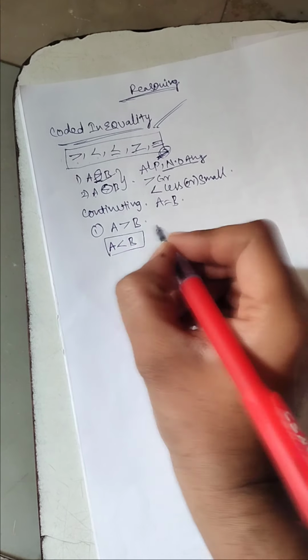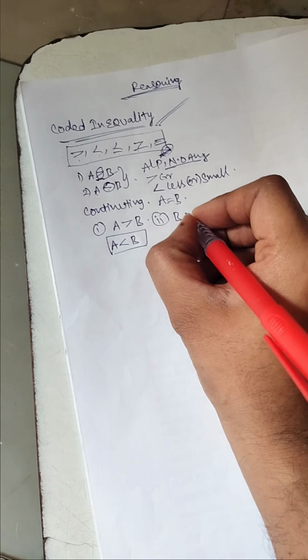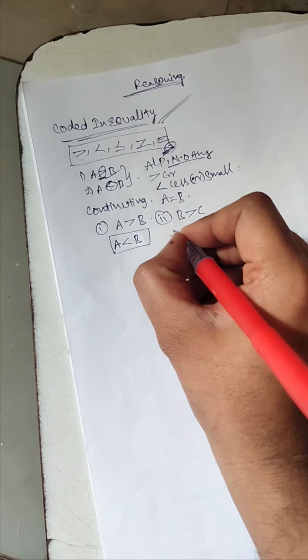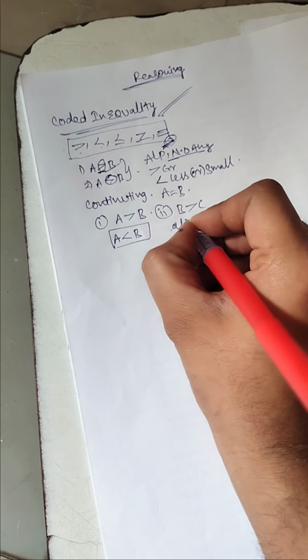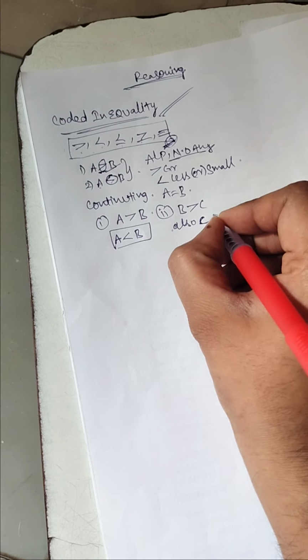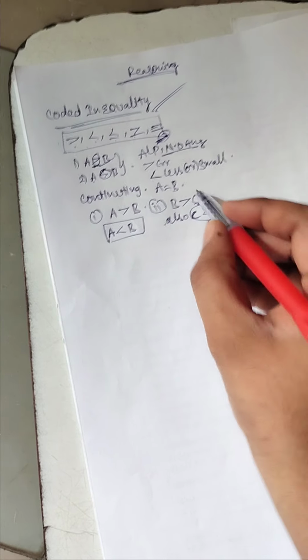Yes or no? If I write b greater than c, similarly it can also be written as c less than b. Yes, this is the rule. How to keep it in mind.